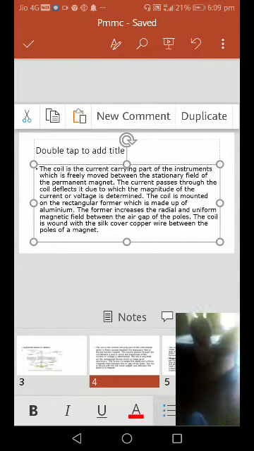There is a space between the coil and the permanent magnet, a gap between these poles.